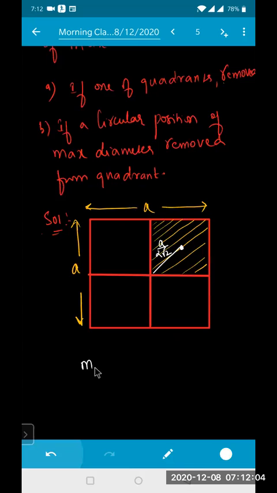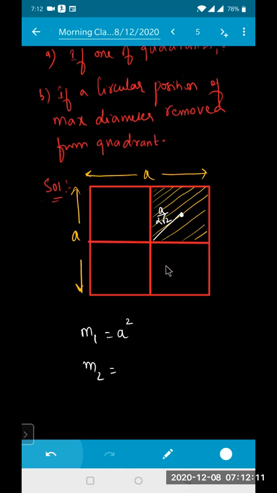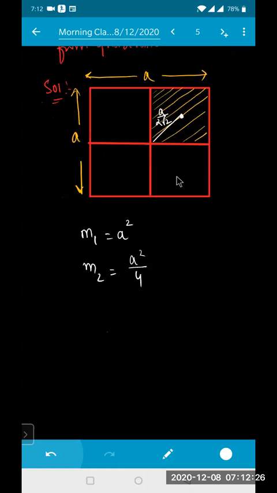The mass of the first one before removing is a square. The mass of the removed part, m2, will be a square divided by 4. Now we need to calculate the shift.